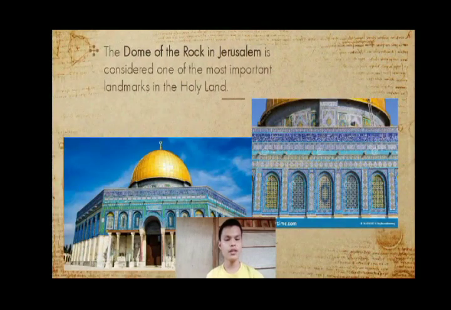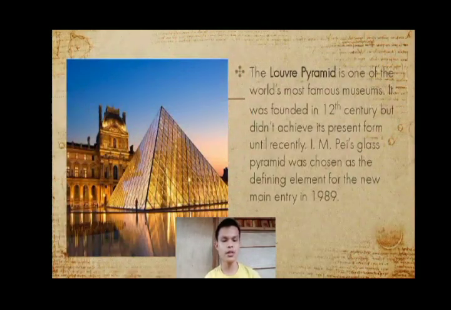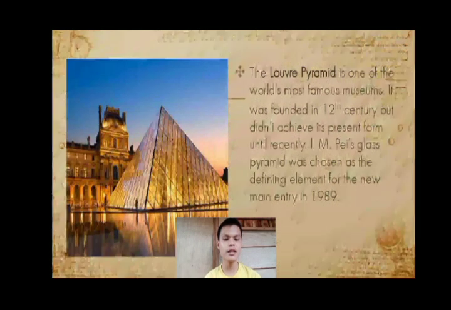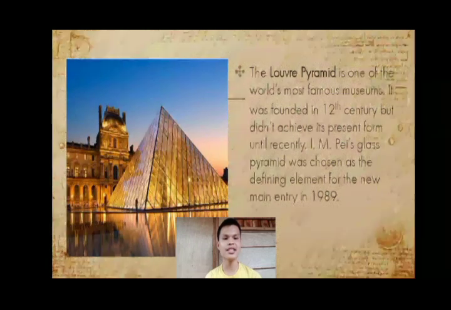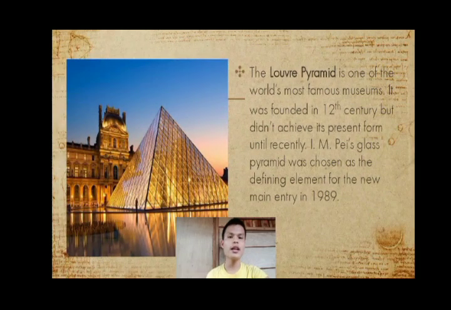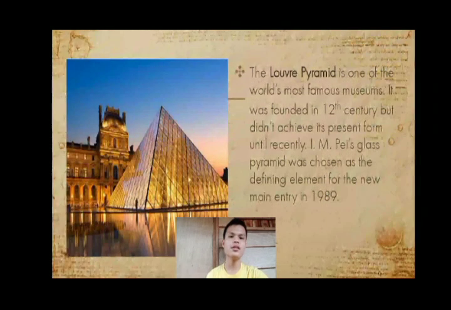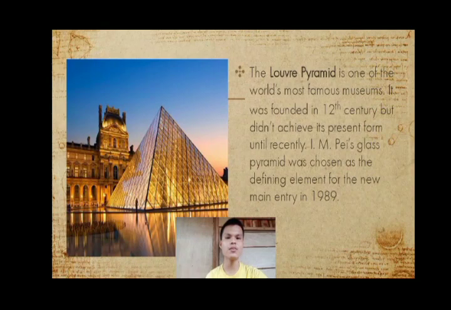The Louvre Pyramid. The Louvre is one of the world's most famous museums. It was founded in the 12th century but didn't achieve its present form until recently. I.M. Pei's glass pyramid was chosen as the defining element for the new main entry in 1989. The architecture is in the French Renaissance style, which is distinguished by formal symmetry, horizontal stability, and restrained embellishment.